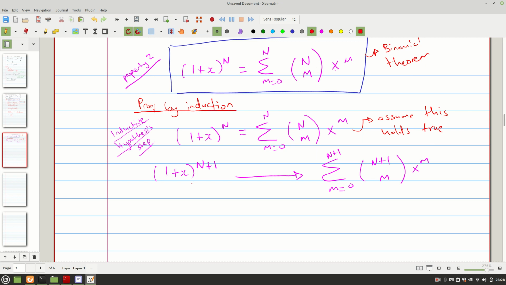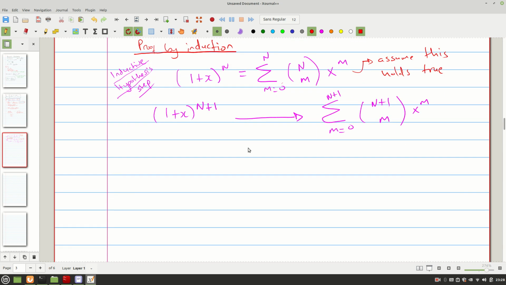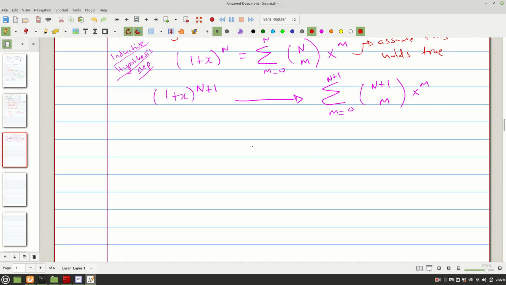So if we can prove this just by assuming this hypothesis to be true, and we already have our trivial base cases defined, then that means this property is actually true, at least by induction. I'm not going to cover the details of how to do proofs by induction in this lecture. If you're not familiar with them, you can just do a simple Google search. They should be pretty simple to follow through, as they are the basics.